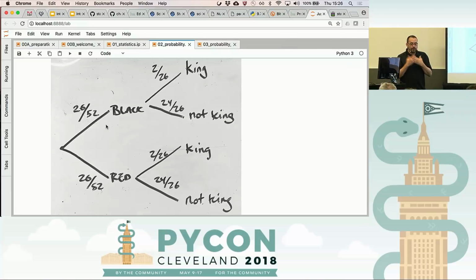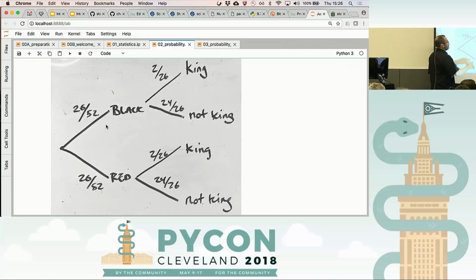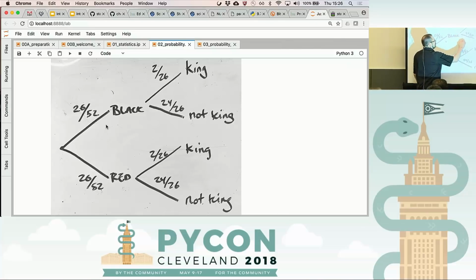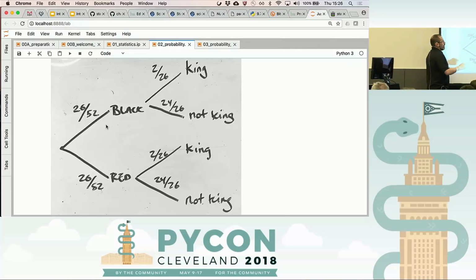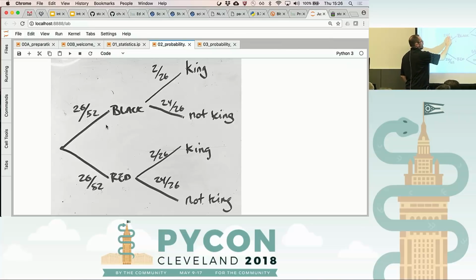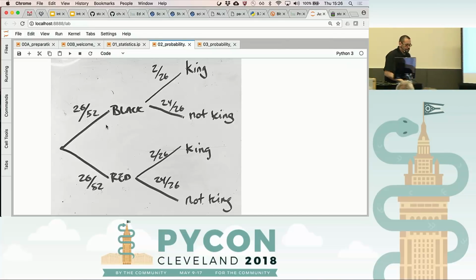If I tell you that a particular card is black, and I want to know what is the probability that it is a king, I know that out of all of my black cards, I have some that are kings and some that are not kings. There are 2 black kings, so there's 2 out of 26, right? And there are 24 out of 26 that are not kings. So there are 26 black items, and they kind of fall out in this way. Same thing with red kings.